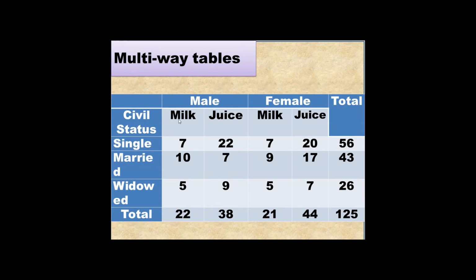Among married males, they prefer milk over juice because 10 of them preferred milk versus 7. And married females preferred juices. Among the widowed, males also prefer juice. The same with the widowed females, which is 7, so they prefer to drink juices. So our total is 125.